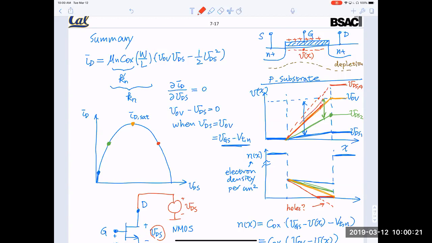So it should be something like this, okay? And then the slope changes, it becomes higher here, right? So now we create a high field region near the drain, but this area has no electron.